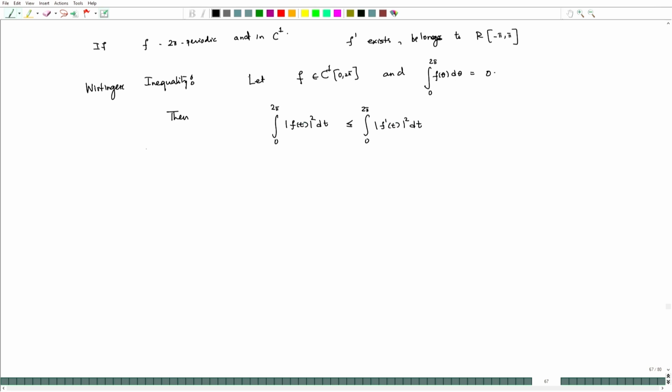And equality holds if and only if f is equal to a sin t plus b cos t. Easily one can see that if f is equal to a sin t plus b cos t, then the equality occurs. But now, how to prove this inequality?